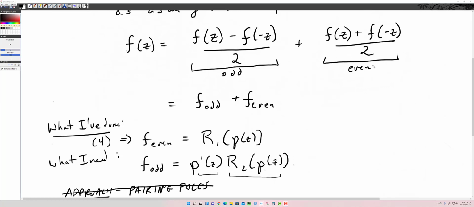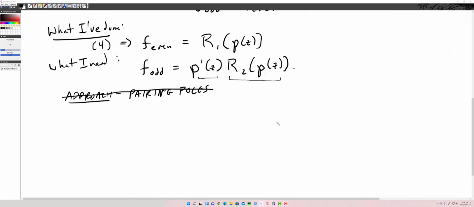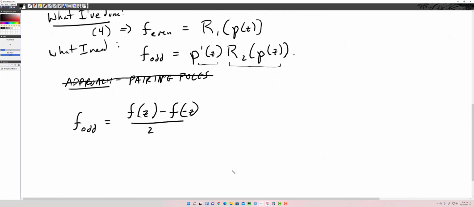If I go back to this odd part here, okay, so if I write this f of z minus f of minus z over 2, and this is f odd, then what is this?